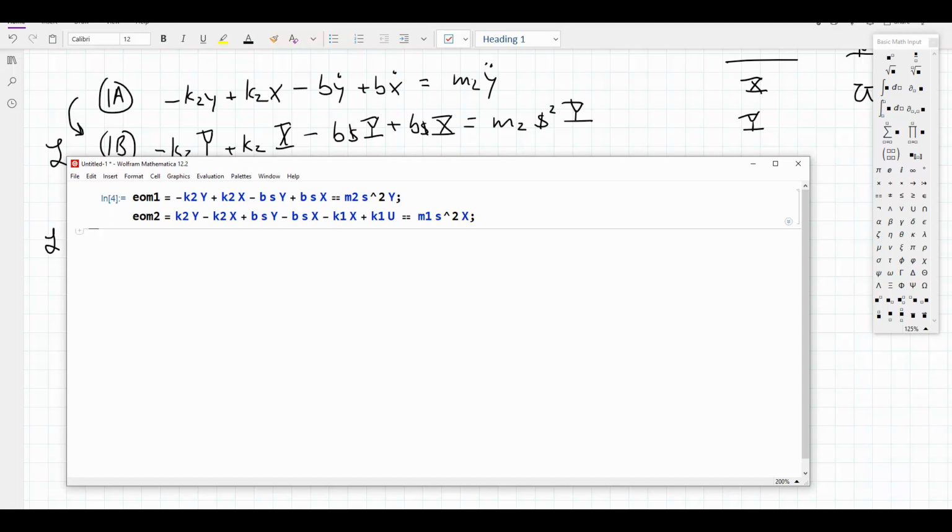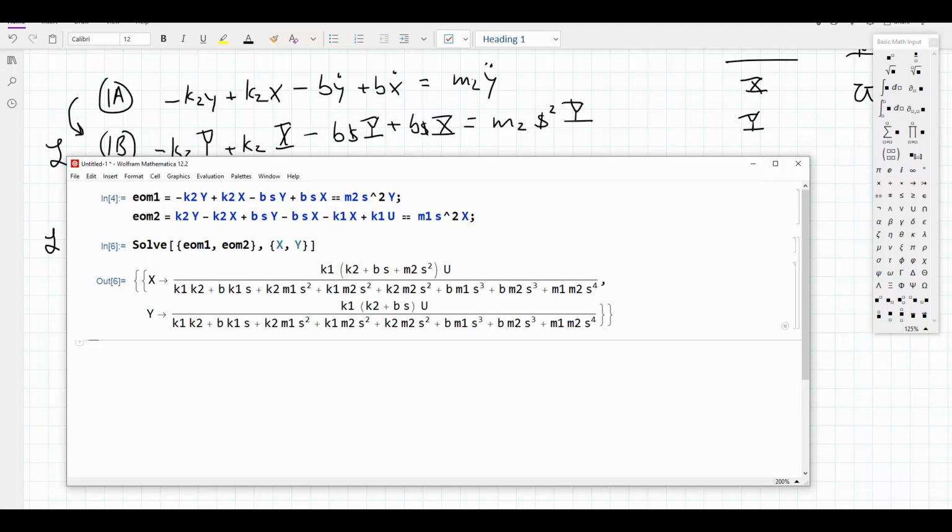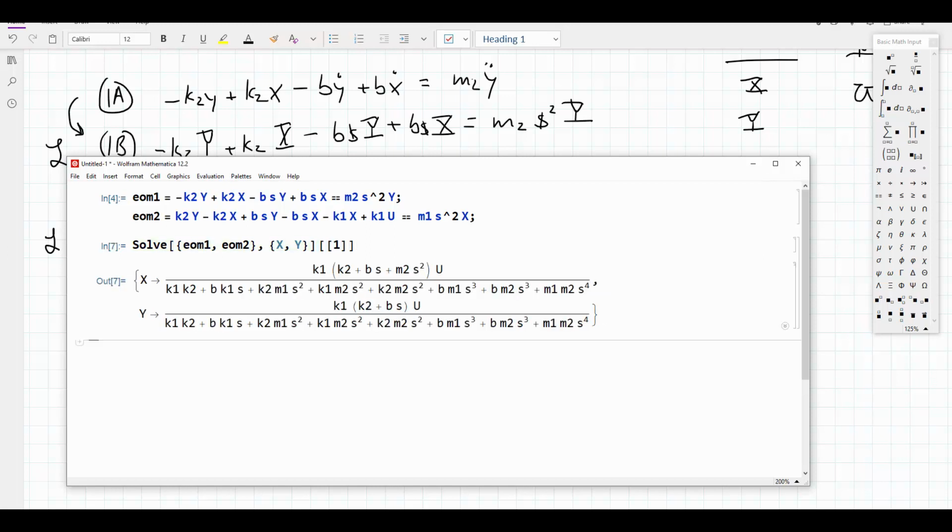Now we can go and start to get our two transfer functions. So I want to solve my two equations of motion simultaneously for my two outputs, x, y. All right, and Mathematica did the algebra for us. We have a decent number of terms here, so this would have been a little bit of a hassle to do by hand. I'll simplify this to just the one.